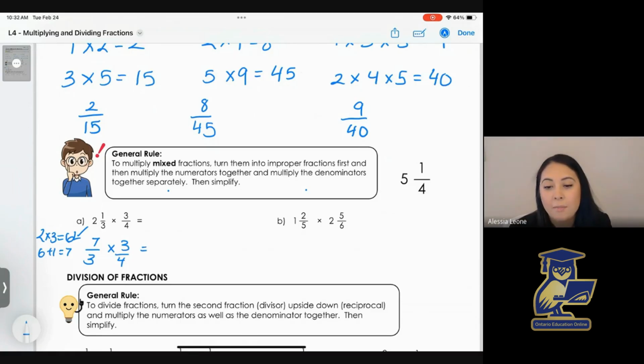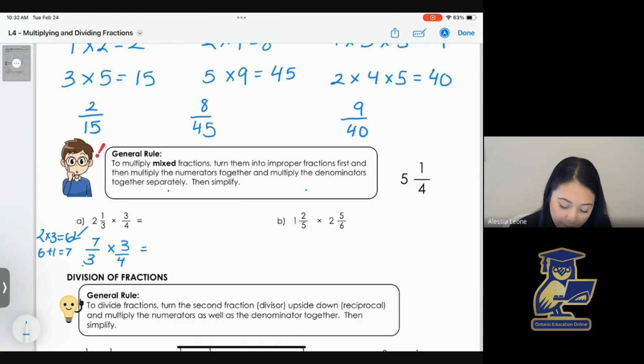So now that I have my improper fraction, I can do my multiplication rule and multiply my numerators and my denominators. So I can multiply 7 by 3, and then I can multiply 3 by 4. Now notice, can I simplify this? I can. I can cancel out the 3's.